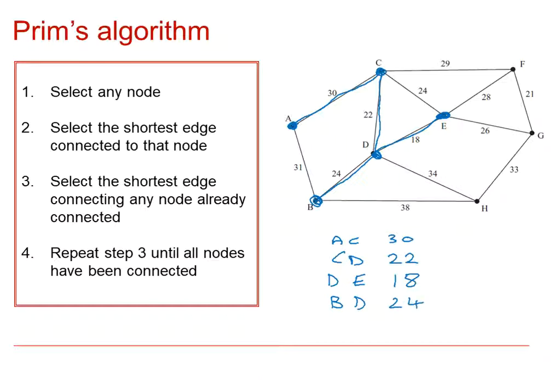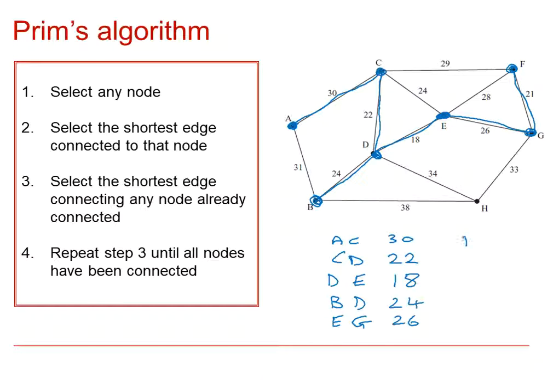The next shortest connector I can connect to the current solution is 34, 38, 26, 28, 29. So the next shortest one is 26. So that's EG at 26. The next shortest one I can connect, well, I can see a 21, and then 21 is the shortest. I'm going to connect that 21.